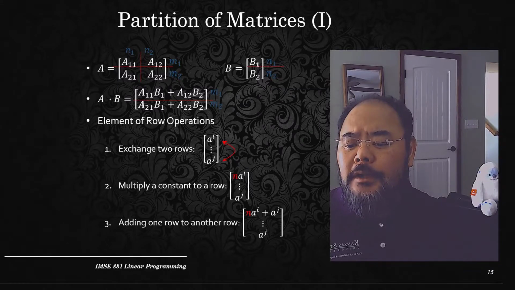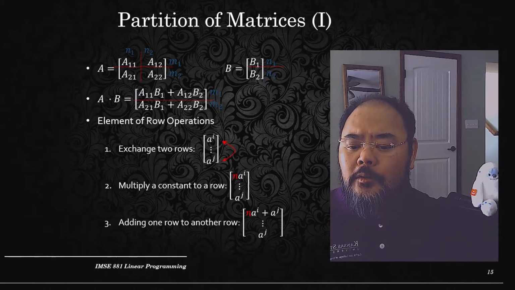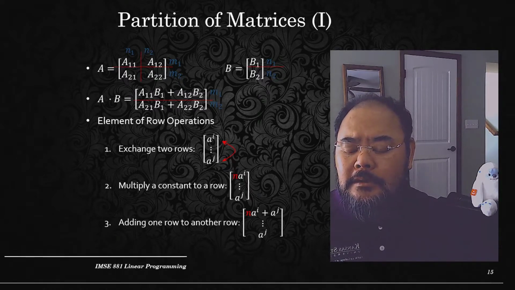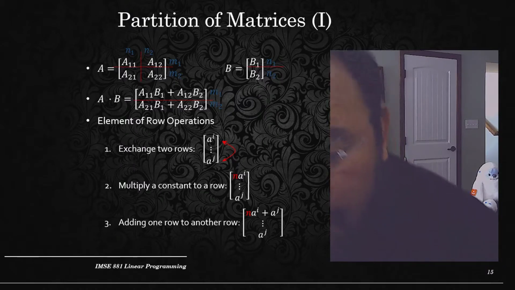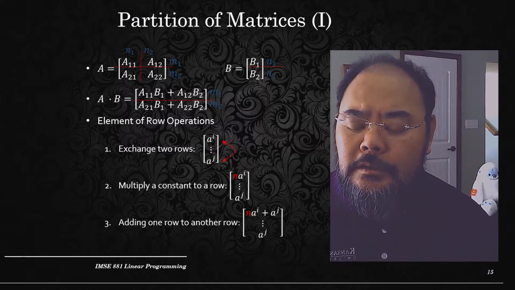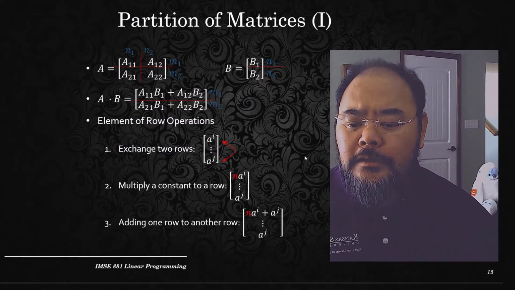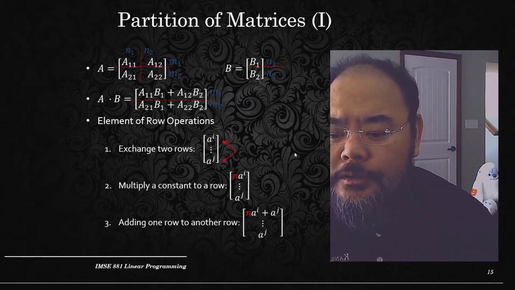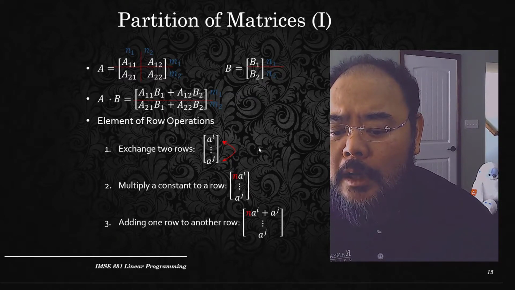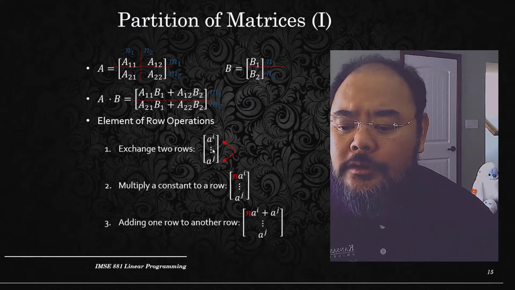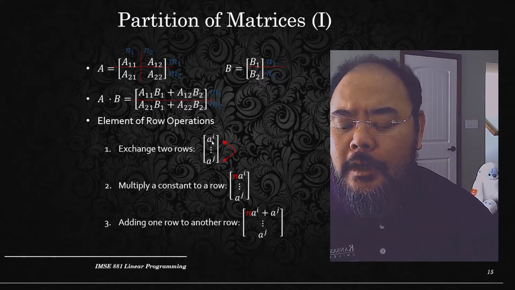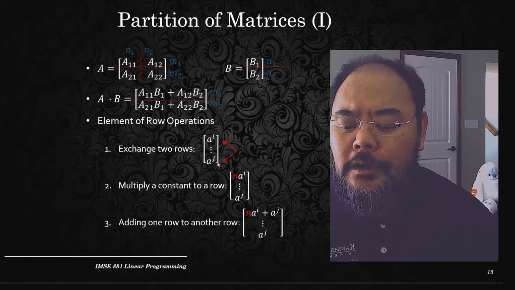These three major elementary row operations are used in the simplex tableau pivot operation, and we'll talk about this later on. But first, let's introduce these three major row operations. First is exchanging two rows, where one row and the other row, i and j, are exchanged.